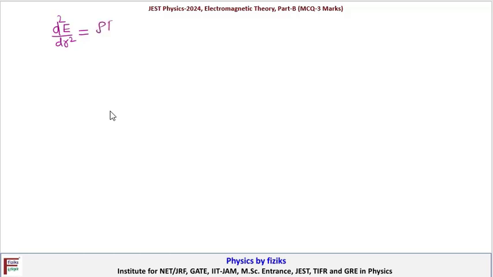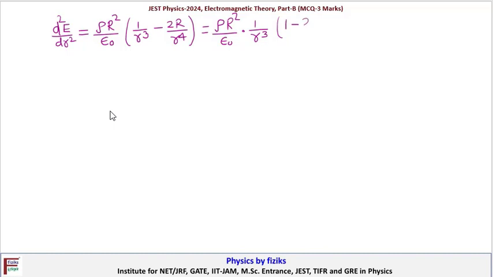That will be given by rho R square by epsilon naught times 1 by r cube minus 2R by r power 4. And we can write this as rho R square by epsilon naught, 1 by r cube, let's take common, times 1 minus 2R by r.